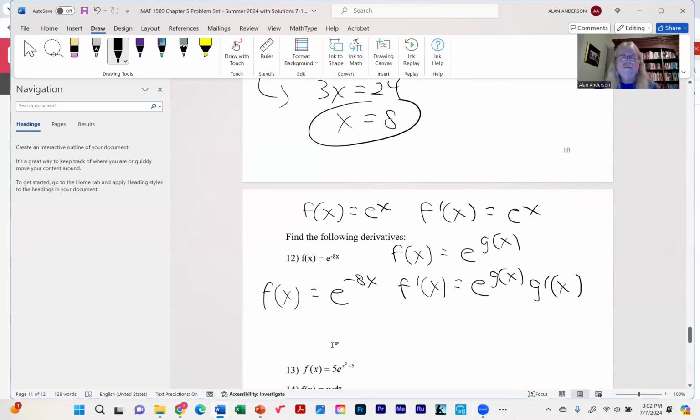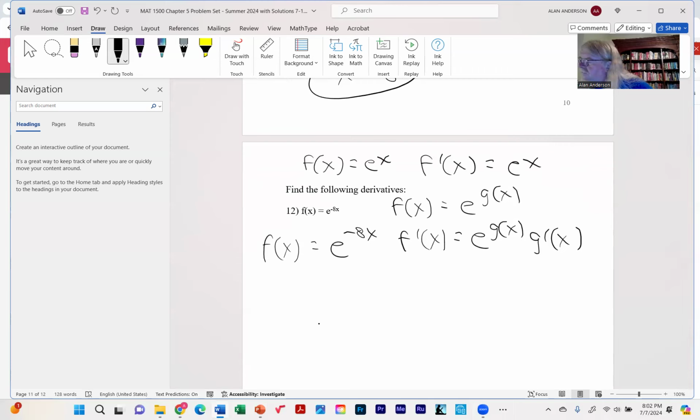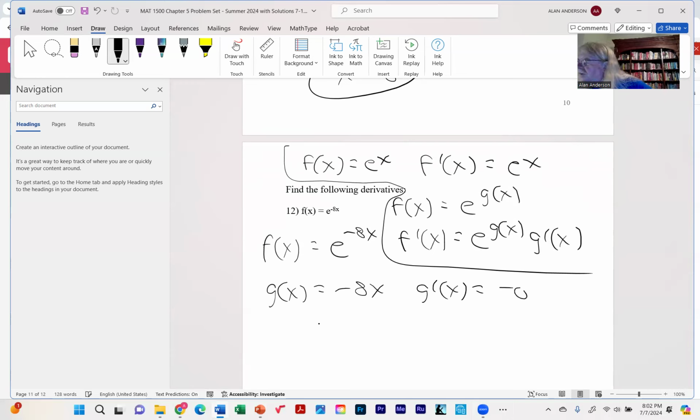So we'll let g of x be minus 8x. The exponent of e will always be the g of x. And then g prime of x will be the negative 8 by the power rule.